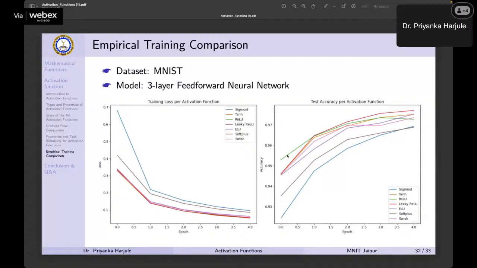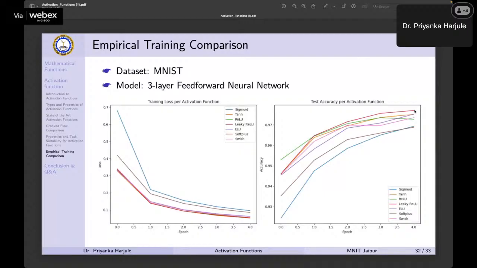The testing is not that consistent for the others, but they achieve close to 98% accuracy. So leaky ReLU is the best performing activation function in this experiment, both in terms of training as well as testing.